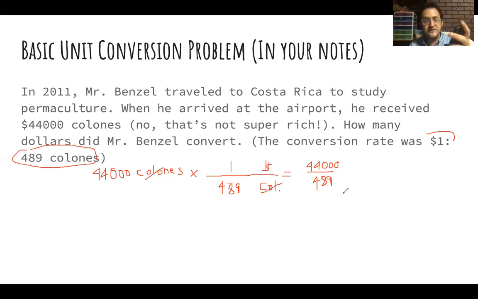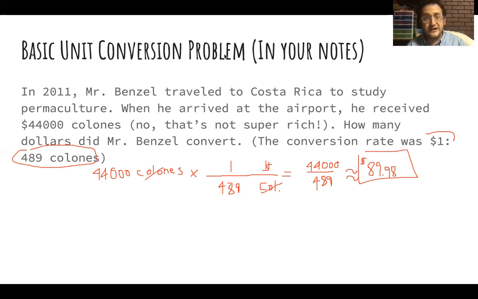And I could do 44,000 divided by 489, and that is about $89.98. So you're really not that rich if you get 44,000 colones.